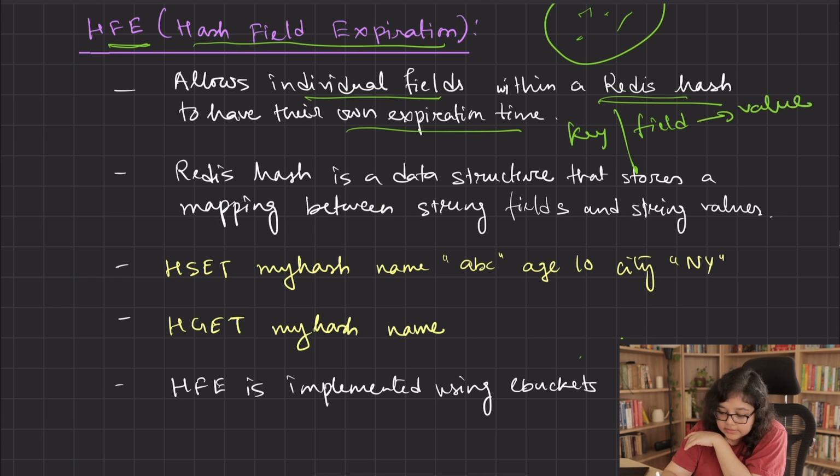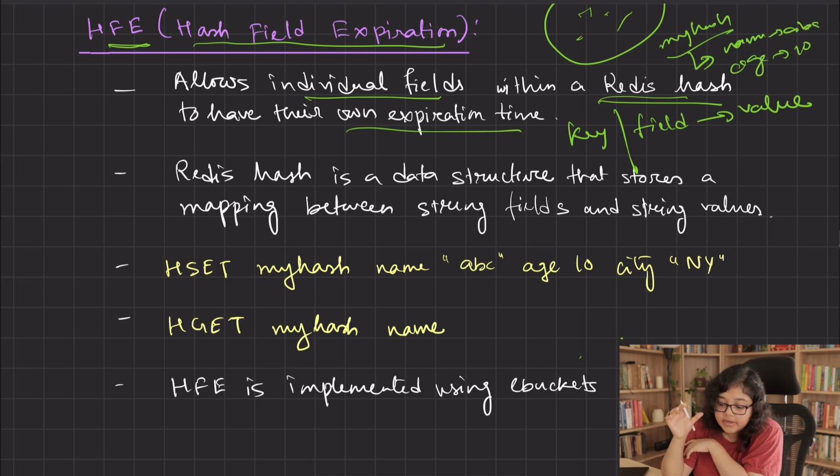Let's say the key is my hash, then in the value section of it you will have a mapping between, let's say, name, ABC, age, 10, etc. And now Redis is allowing users to set expiration for a particular field, let's say for this name ABC. So after the expiration time elapsed, this field will get expired without affecting any other field inside the Redis hash.